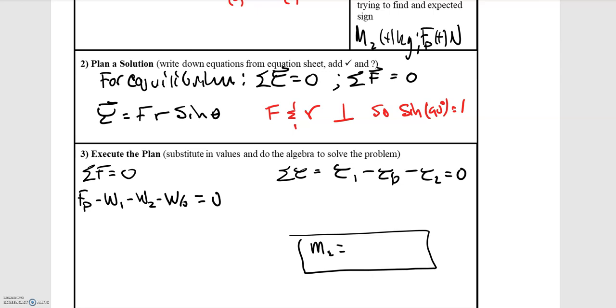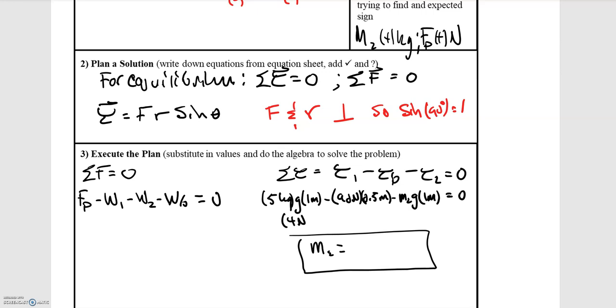Substituting all of that in, we have 5 kilograms for mass 1 times g times 1 meter, minus the weight due to the board, 90 newtons times 0.5 meters, minus m2 times g times 1 meter equals 0.